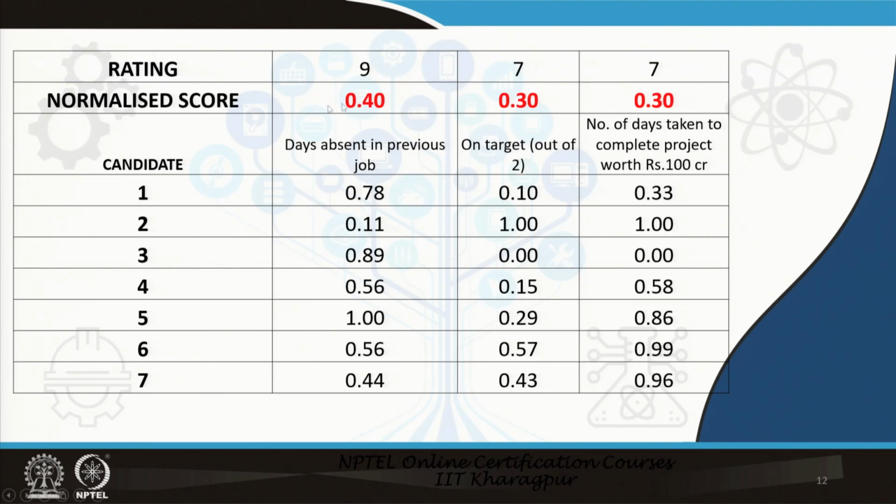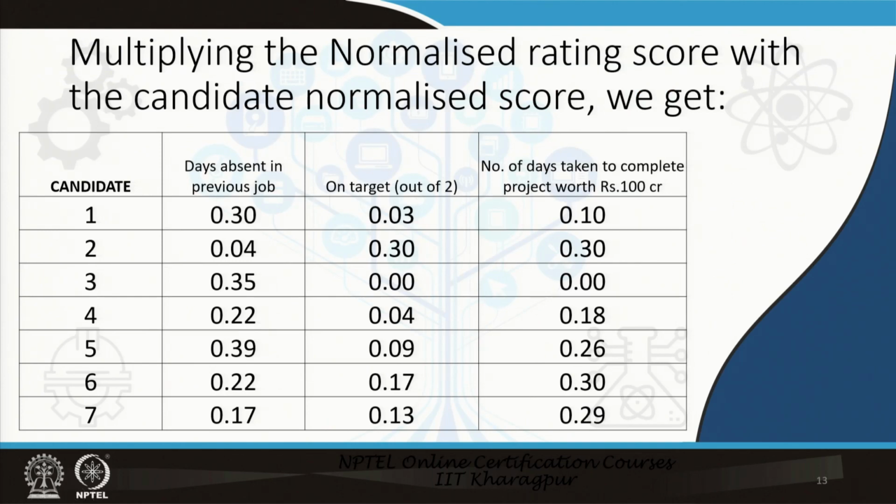So what you do now is take this normalized score for the rating, 0.4, and multiply everything by it, 0.3 multiply everything, nothing else. Multiplying the normalized rating score with the candidate normalized score, we get this.